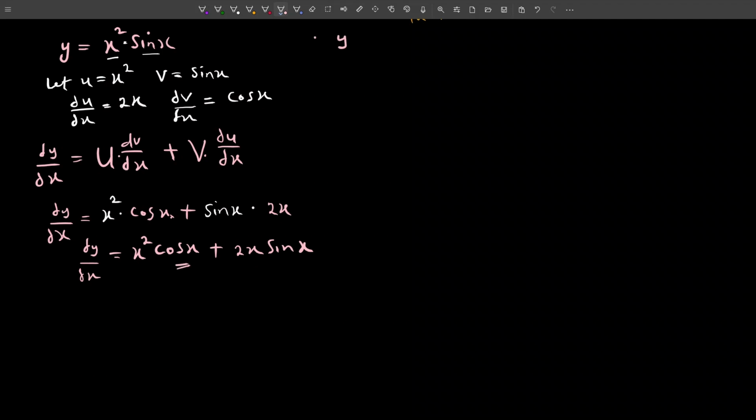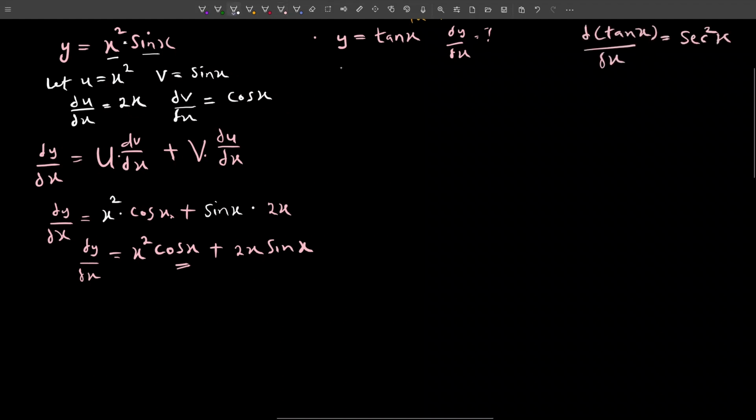Let's take a look at this. Let's say y is equal to tan x, and we have to find dy dx. Recall from the previous video that dy dx of tan x is sec square x.